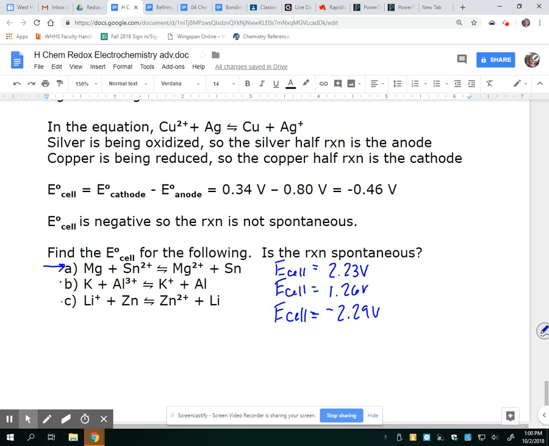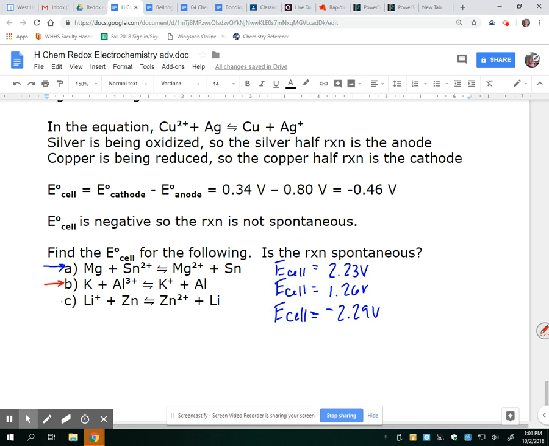And we have it balanced for mass on both sides, and we also have it balanced for charge. But if you look at B, on the surface it may appear to be balanced because we've got it balanced for mass. But this guy is not balanced for charge at all.